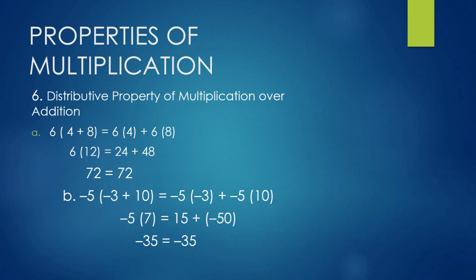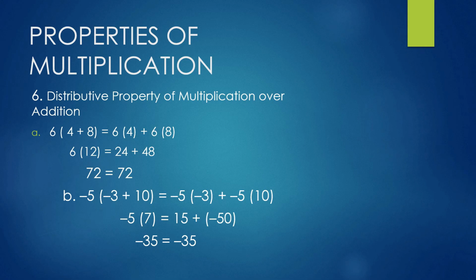Why 7? We have positive 10 and negative 3. Just subtract, following the rule in addition and subtraction of integers. So 10 minus 3 is 7. Negative 5 multiplied by positive 7 is negative 35 because they are unlike signs. So our answer is negative 35.